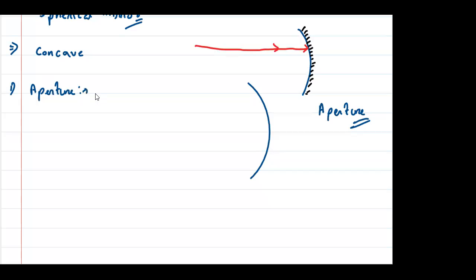It is a part of a sphere, which is used to make your glass or lens anything, but it's just a part of a sphere.